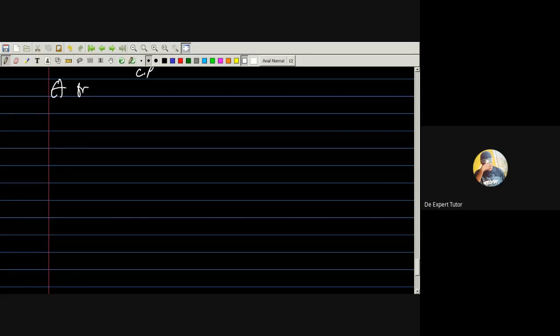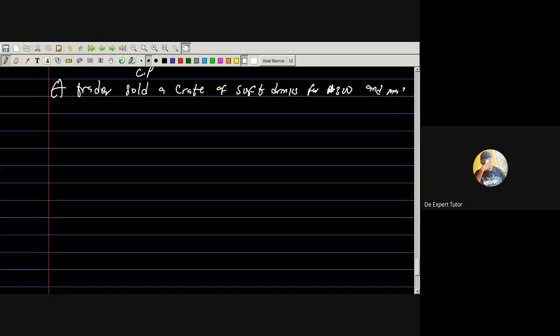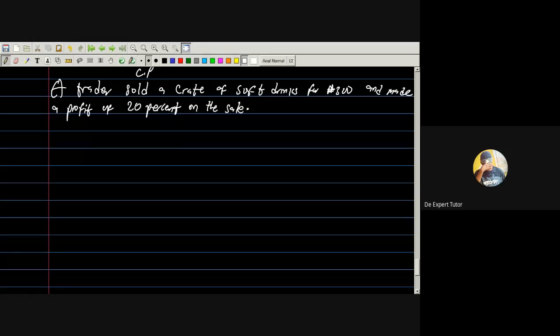A trader sold a crate of soft drinks for 300 naira and made a profit of 20%. I made a profit of 20% on the sale. So I have multiple questions here.